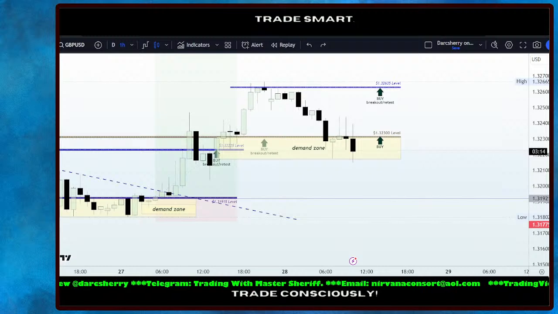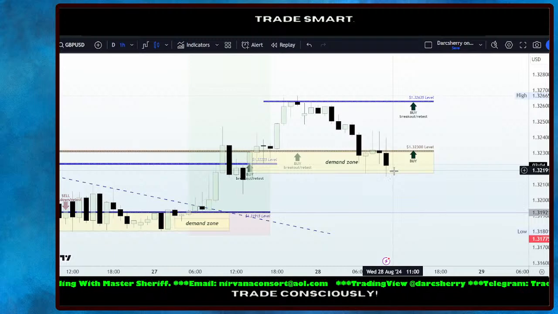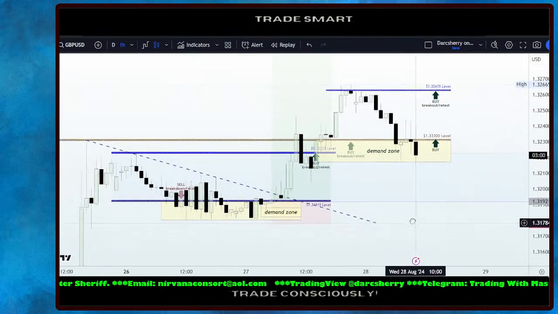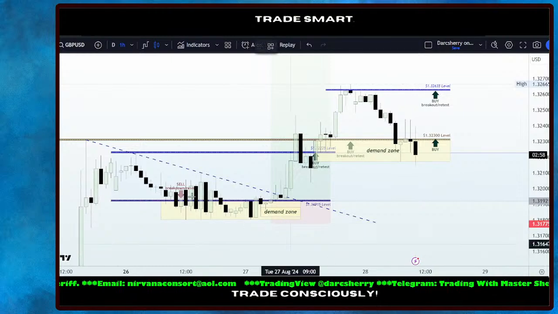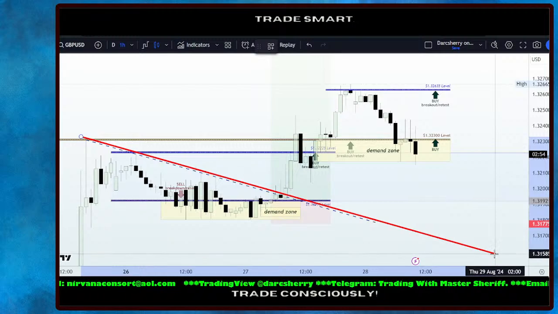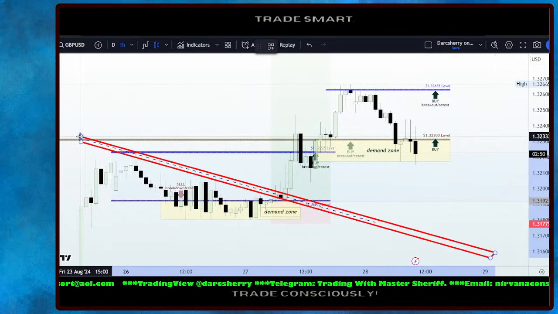But the question now is, what path is it going to take? Is it going to retrace a little further to the downside before the uptrend continuation happens, or will the uptrend continuation start from this particular area? Now, if it drops further to the downside, we have a structure to play around with. Look at this descending trend line right here, which captured the series of lower highs since last week Friday.